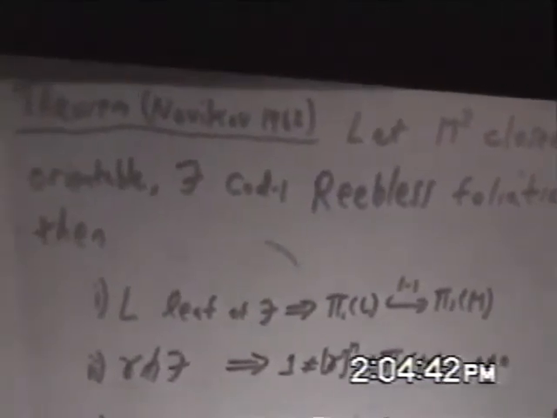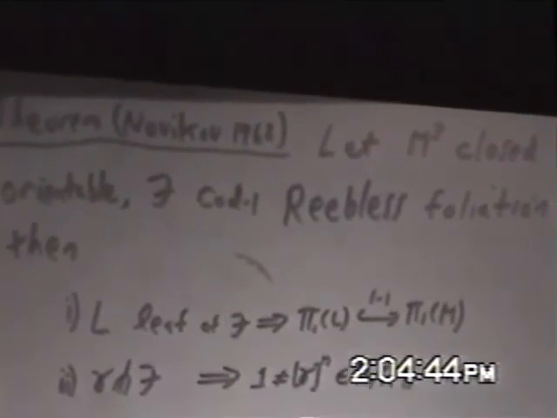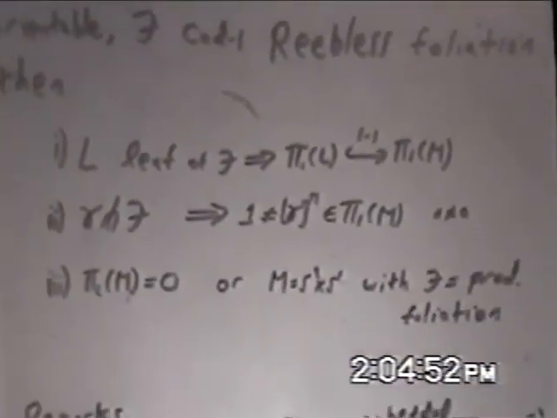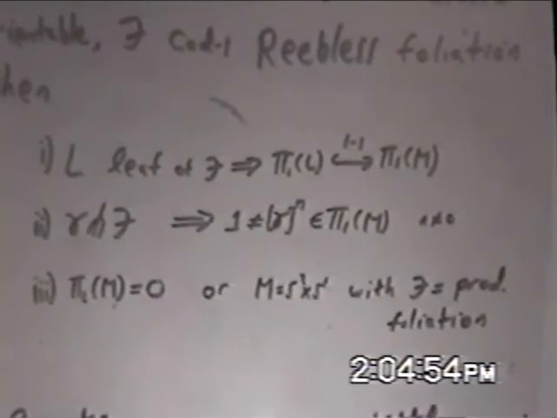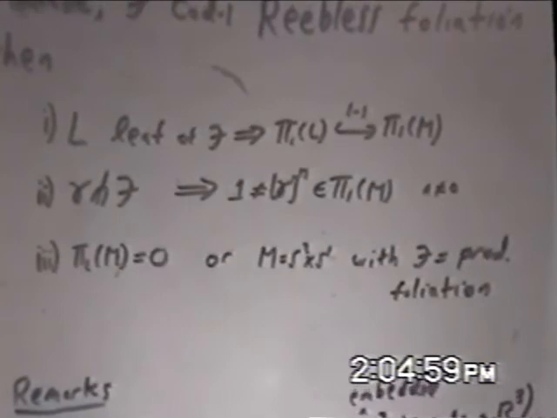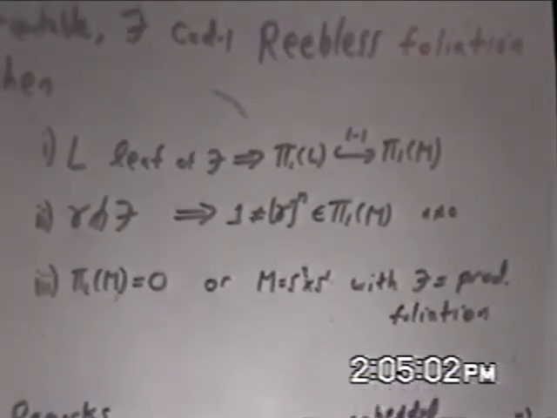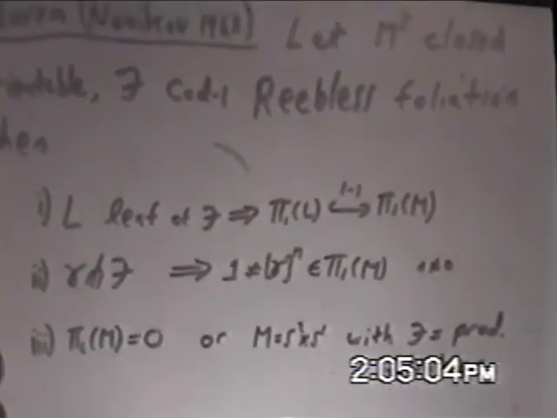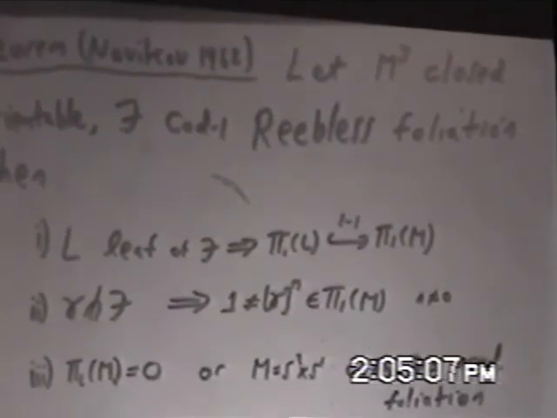Now Novikov took this one big step further. So this is Novikov's theorem, and he showed that if you have a closed orientable 3-manifold with a codimension 1 Reebless foliation, so Reebless means no Reeb components, so there's no part of the 3-manifold which is a solid torus with a Reeb foliation, then every leaf injects at the level of fundamental group into the manifold.